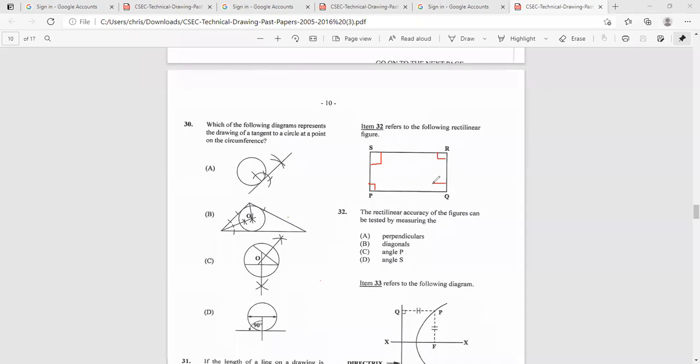The only way to test that is to measure diagonally from here to that point, and here to that point. This distance must be the same as this distance for it to be equal. So we must measure the diagonals for this.